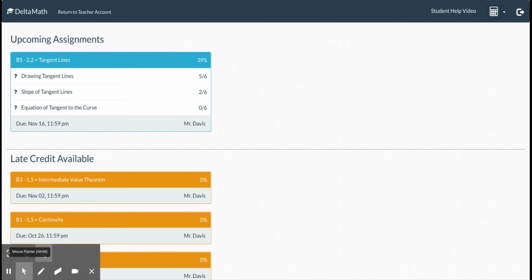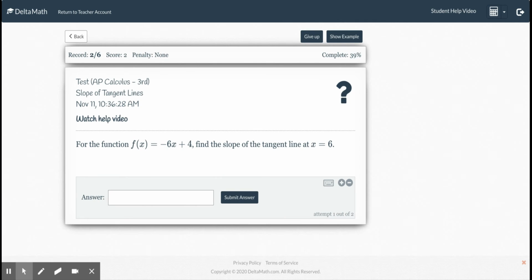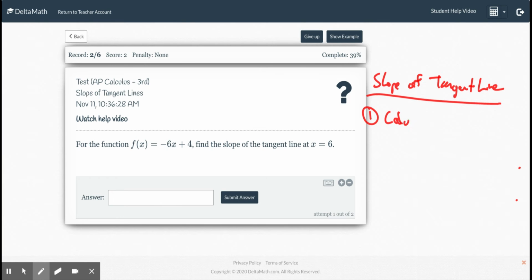We are now going to be calculating the slope of a tangent line. So if we're given this first function here, to calculate the slope of a tangent line, we're going to do two things. Slope of tan line, 2 steps. The first one is going to be actually to calculate the derivative.